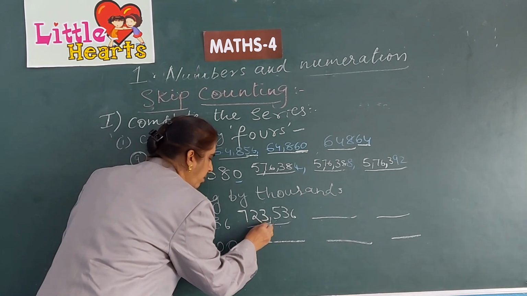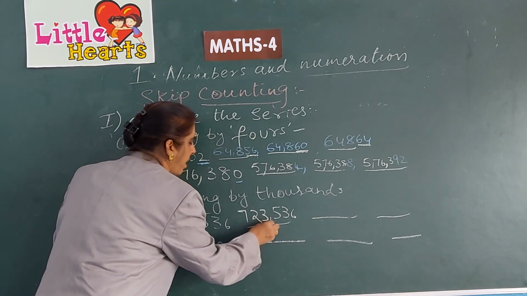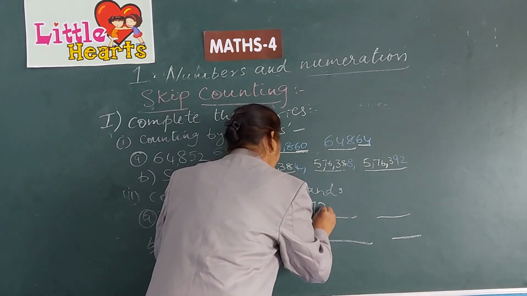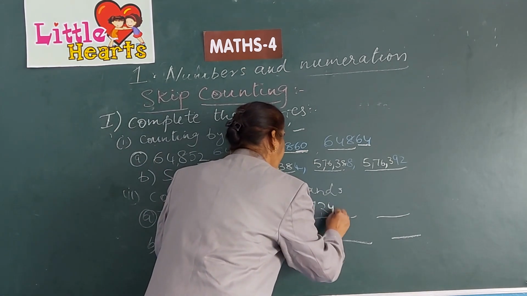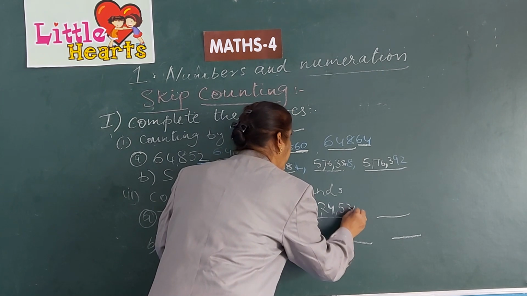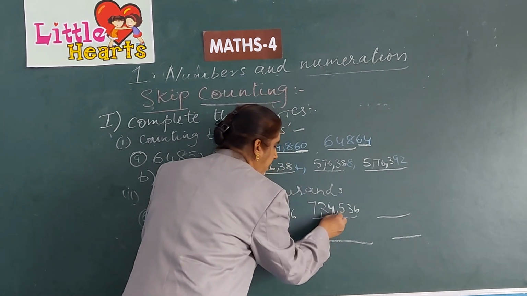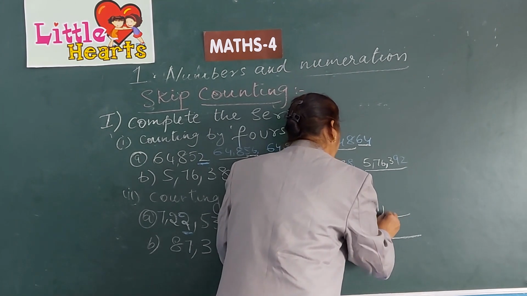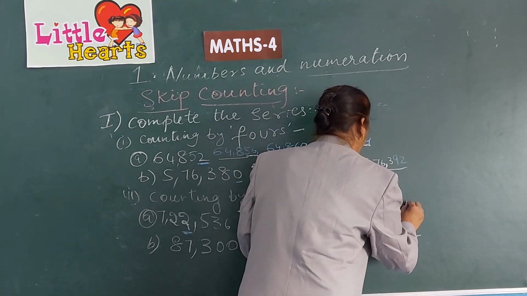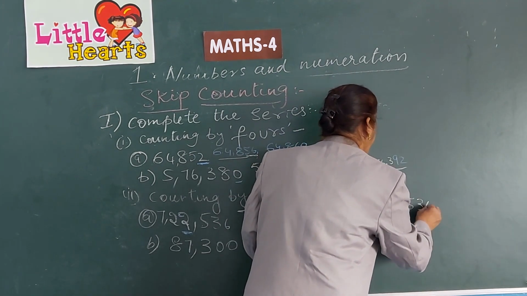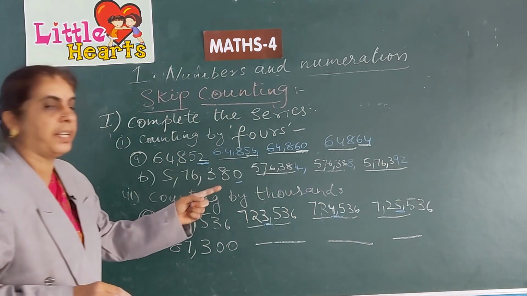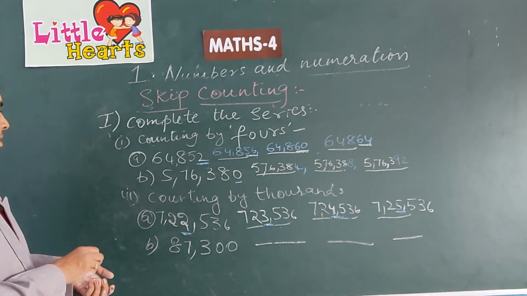So the thousands place digit is increased by 1. Next, 7,24,536. So this is the number increased by 1000. 7,25,536. So the thousands place digit is increased by 1.